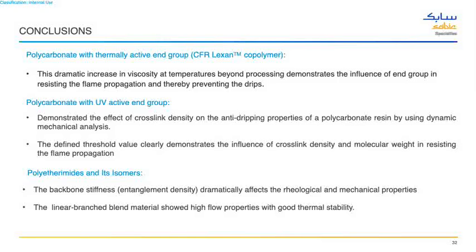So I talked about special polycarbonate copolymers and polyethylamides. I talked about two different polycarbonate copolymers, one with a UV active group and one with a thermally crosslinking group. The story here is if you have a cross-linkable moiety in a polycarbonate copolymer, it does help in flame propagation while still maintaining the inherent polycarbonate properties, which could be a great application for electrification applications, which we are already providing materials for.